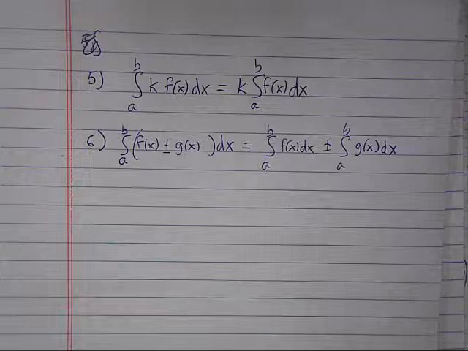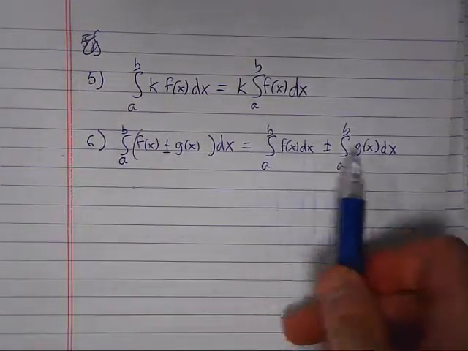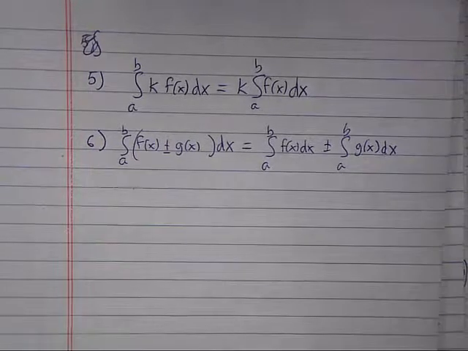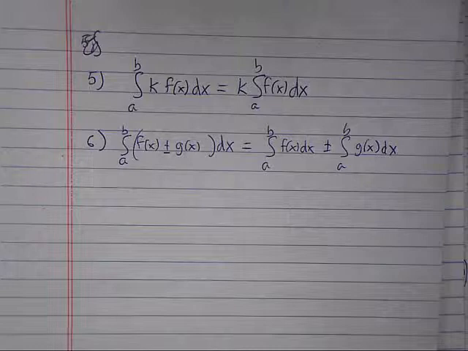Separation, I guess. You can separate. If you're adding within your integral, you can separate your integral. There's a name for that. Close. Not communicative. That would be talking. But it sounds a lot like communicative.